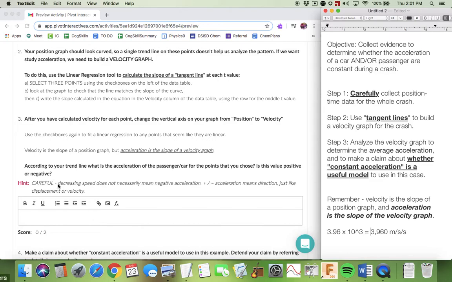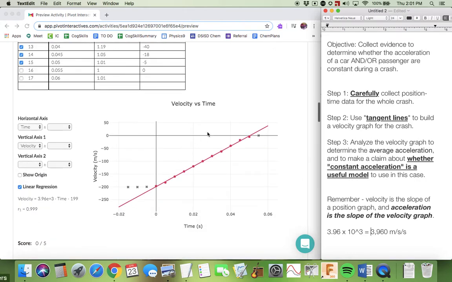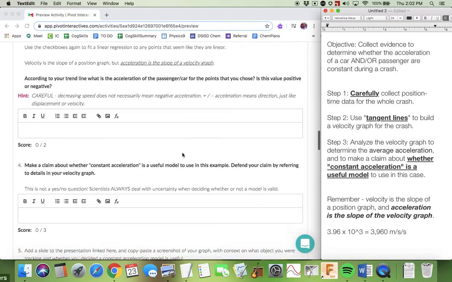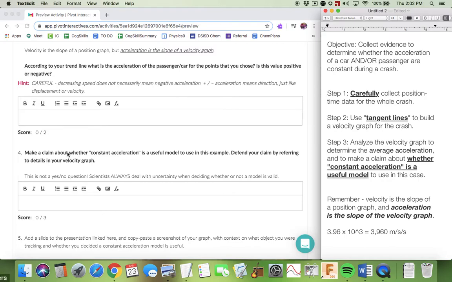This hint is telling you careful. Decreasing speed does not necessarily mean negative acceleration. So one of the reasons why this graph is important is it helps us understand what positive or negative acceleration might actually mean.